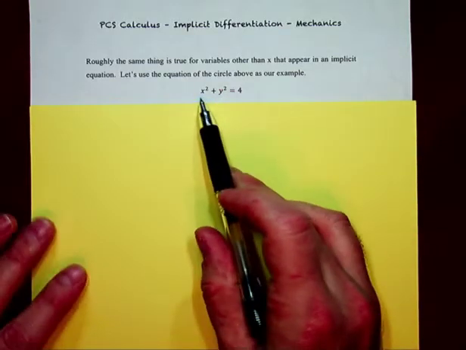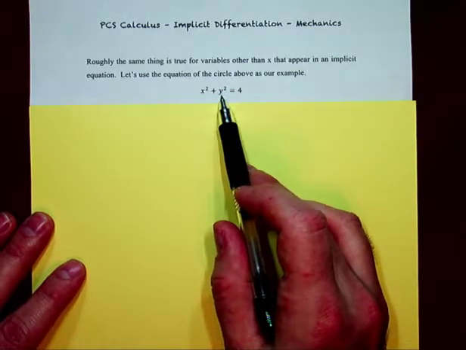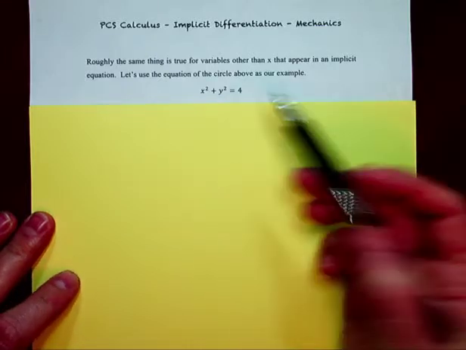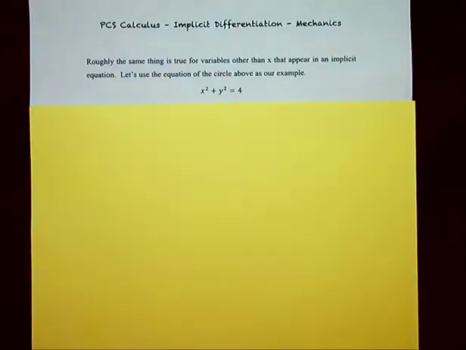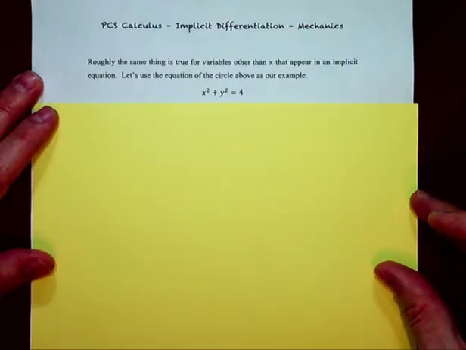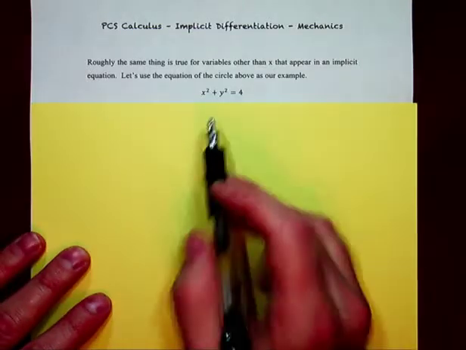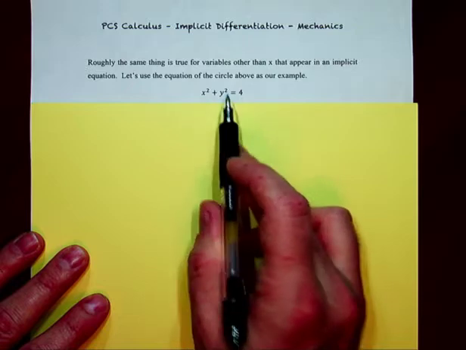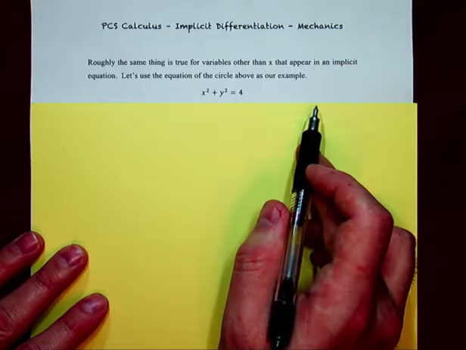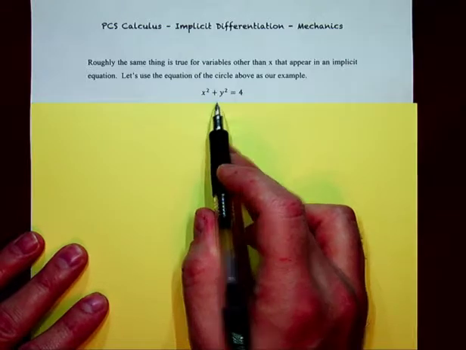Notice that x squared and y squared. Well, we could solve for y, but we would wind up getting 2 equations, right? The first equation would be the top half of the circle, and the negative would be the bottom half of the circle. But I don't want to deal with it as breaking this up into 2 separate functions and 2 separate equations. I just want to deal with the circle as the circle in one equation, okay?